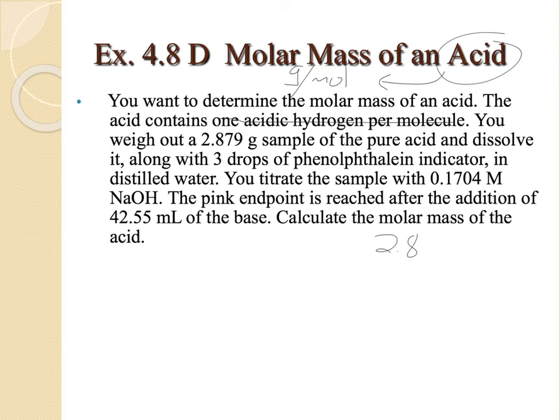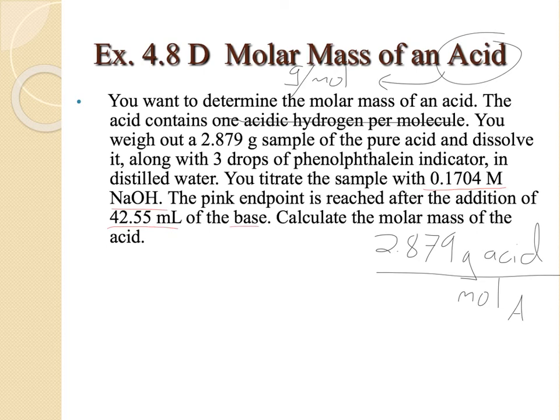So it's a solid acid, and that's one of our variables. So really, if we have the moles of the acid, we can solve this problem. How do we get the moles of the acid? Well, it's titrated with 0.1704 molar sodium hydroxide, and the end point is after 42.55 milliliters of sodium hydroxide.